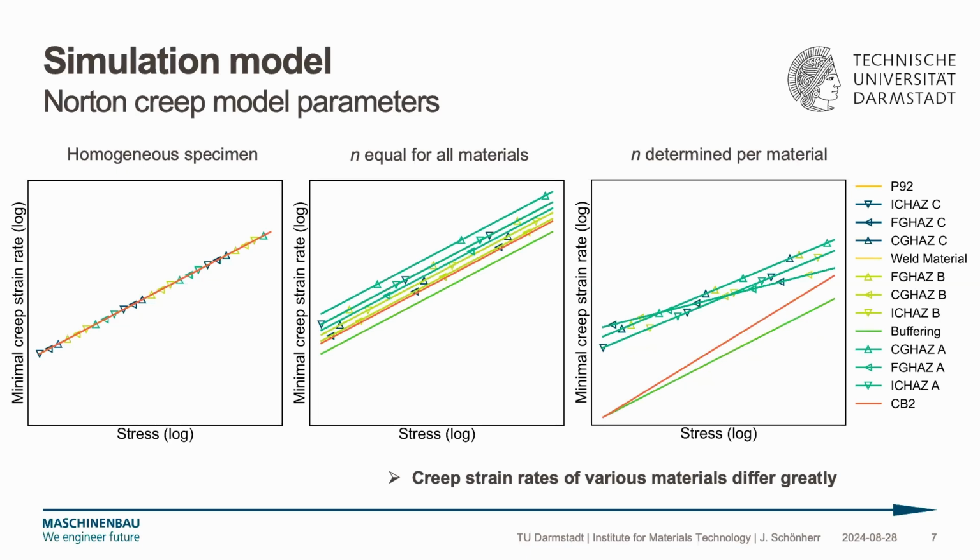As you can see, we have only parallel lines in the Norton plot, so it's the best possible option to use the ASTM standard formula, since only one exponent can be introduced. For the third one, we just fitted the data set, and each data set got its own Norton model parameter set. As you can see, we have a large variety in slopes as well as in y-axis differences.